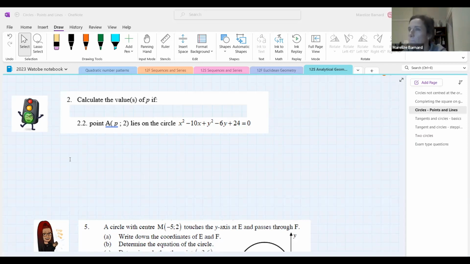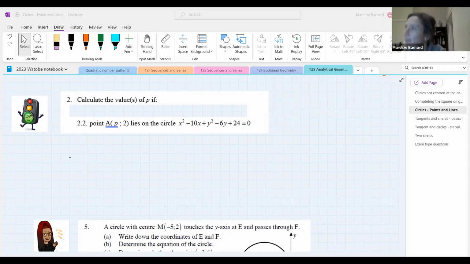So if it lies on the circle, it means that the distance AC will be equal to the circle's radius, r squared.